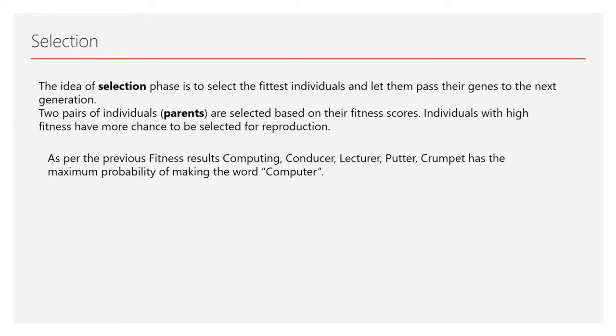So selection is to select the fittest words and try to match them to get the word. To define it, the idea of the selection phase is to select the fittest individuals and let them pass their genes to the next generation. Two pairs of individual parents are selected based on their fitness scores, like I selected some of the fittest words in the previous example.